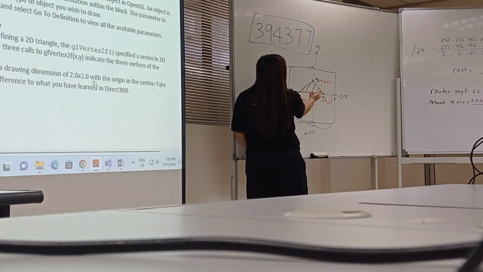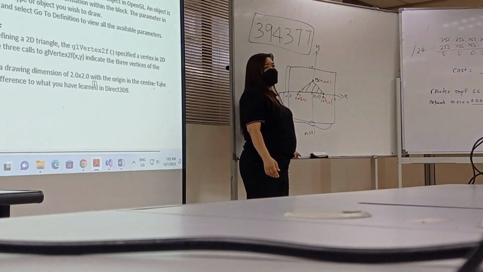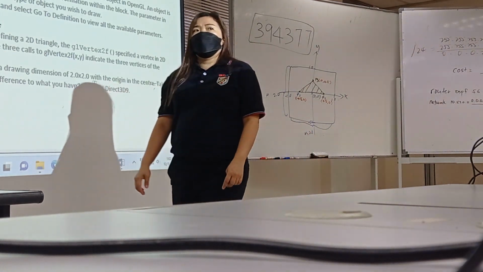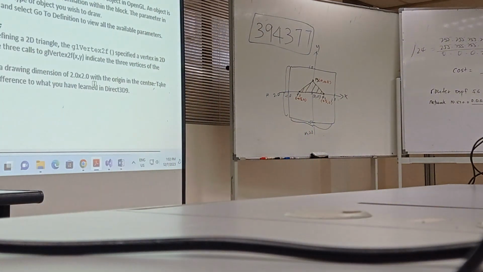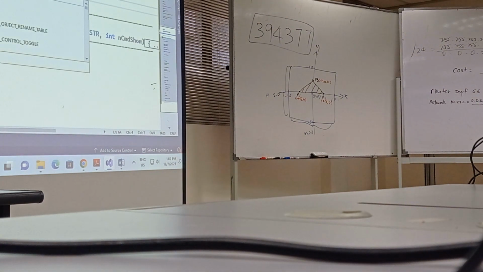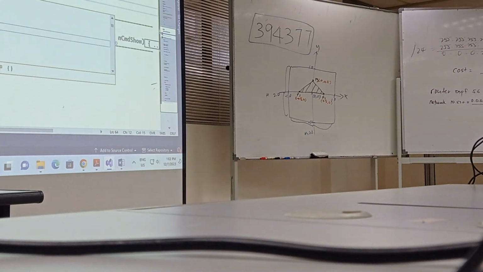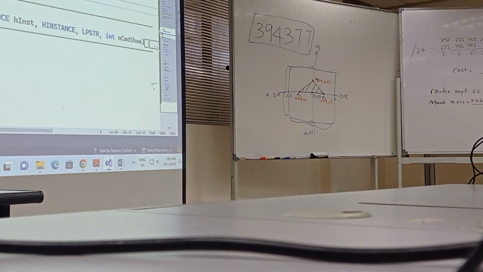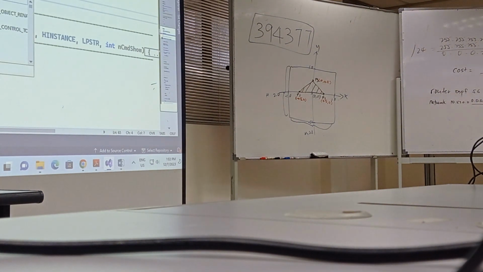Since you only have negative 1 to 1, your coordinates will be in floating point. Let's draw now. glBegin, GL_TRIANGLES. In your drawing, glBegin, GL_TRIANGLES, then press enter.